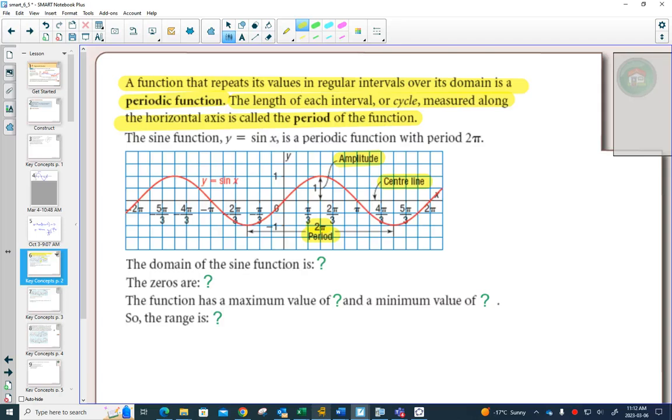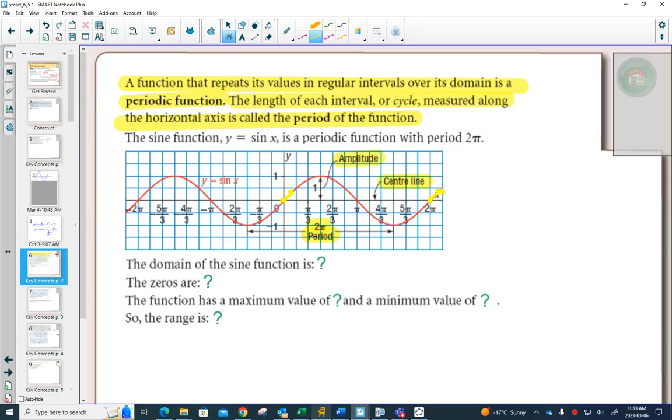If you were given a graph and asked to find the period, what you could do is you could, for example, start at 0. So at 0 on the sine graph, I'm in the middle going up. When is the next time that I'm in the middle going up? Right here at 2 pi. So I could use that to figure out my period.